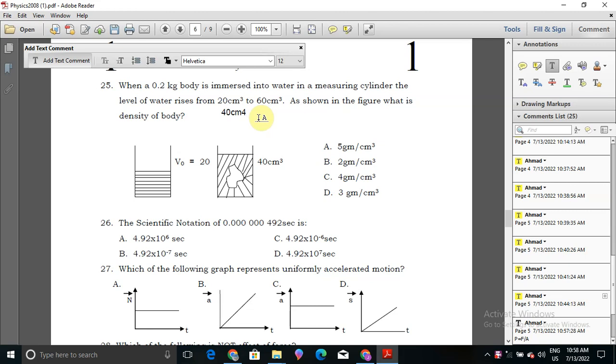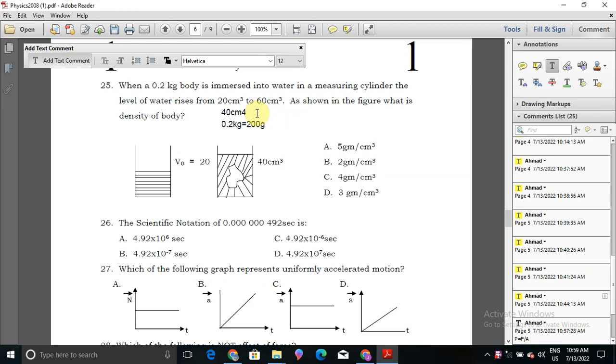Okay, now we have the mass, which is 0.2 kilogram, and the formula will be gram over centimeter cube, right? So that means we'll convert kilogram into gram. We will convert 0.2 kilogram to gram, it will be 200 gram, right?